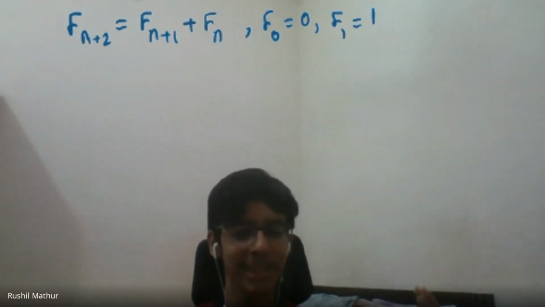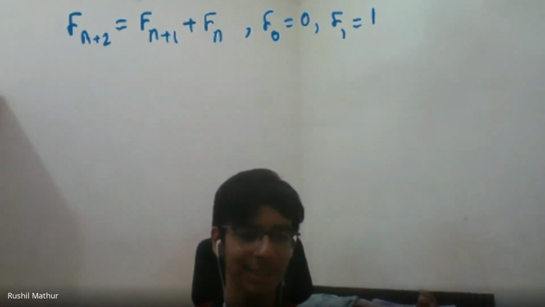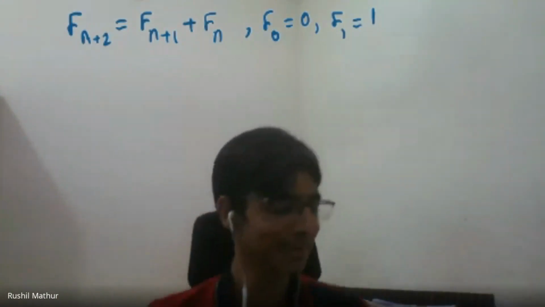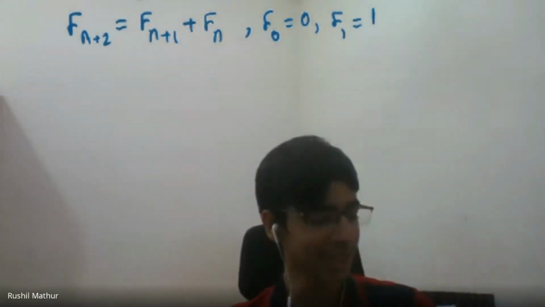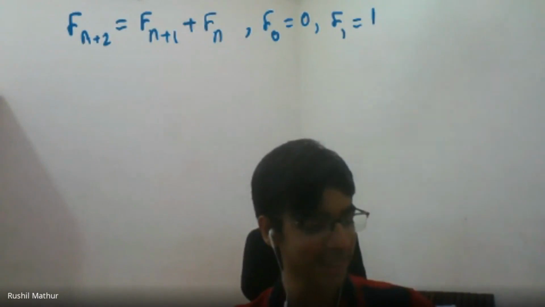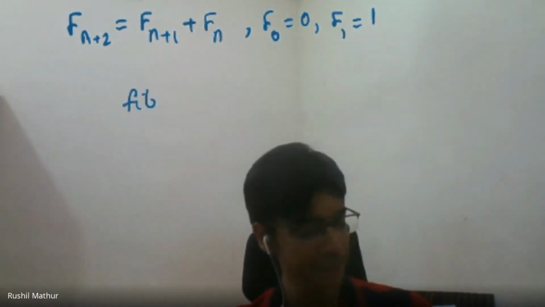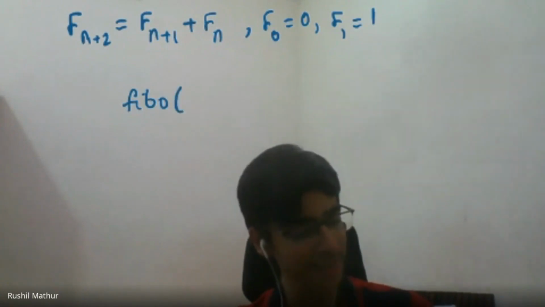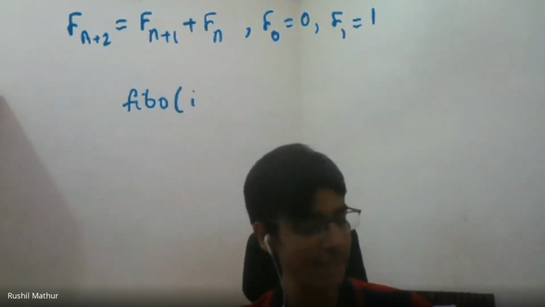Basically in algorithms, what you will usually have is a function, like let's say here you'll have the Fibo function, and this Fibo function takes an input.